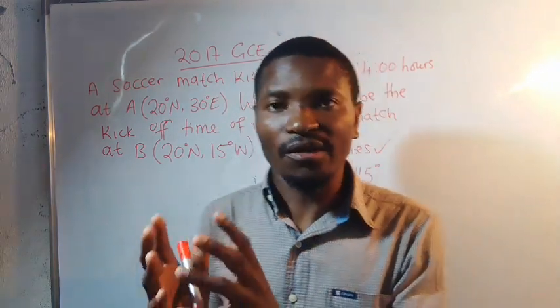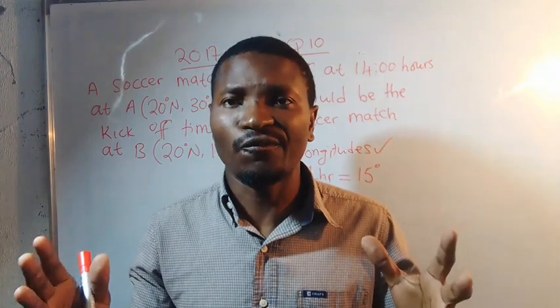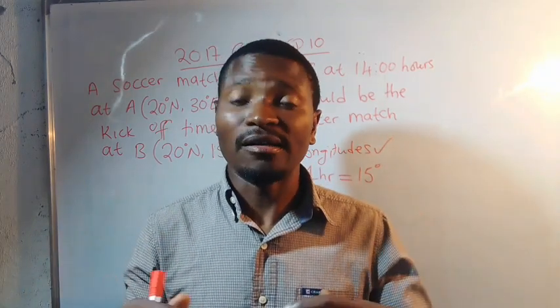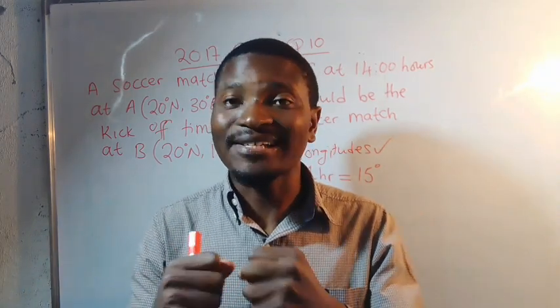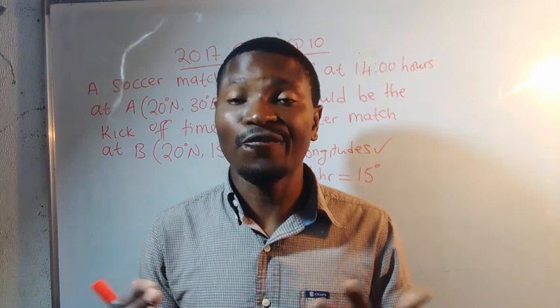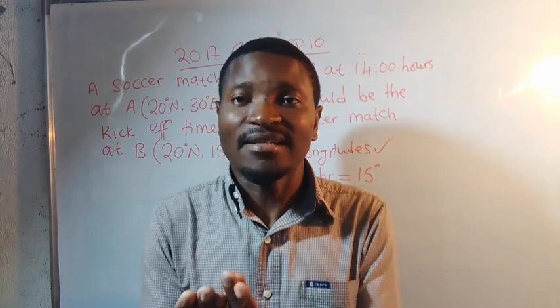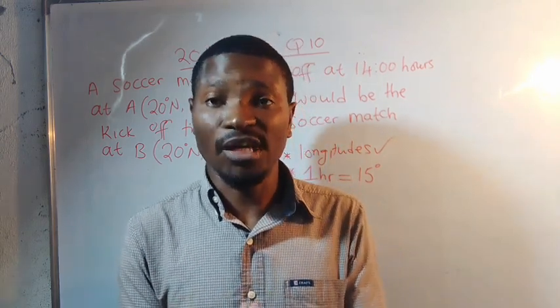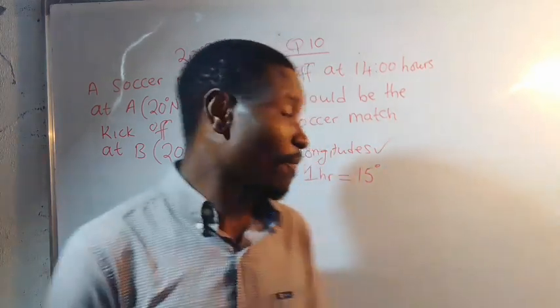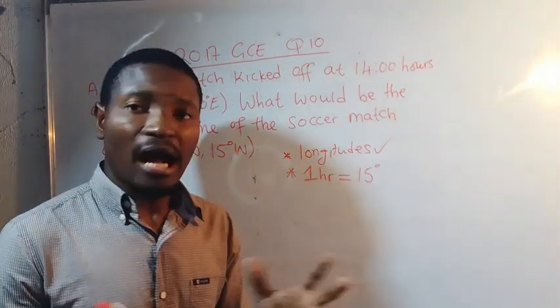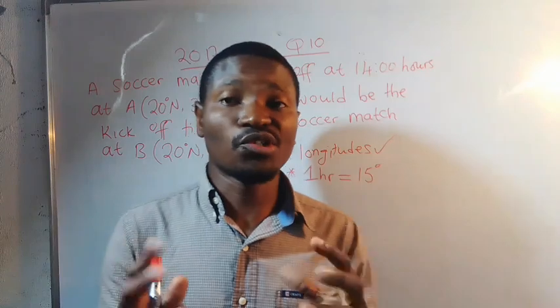If I don't know this information, it becomes very difficult to decipher where I can start from when it comes to answering questions pertaining to time calculation in Earth geometry. So now, after that, you have to go to the points.